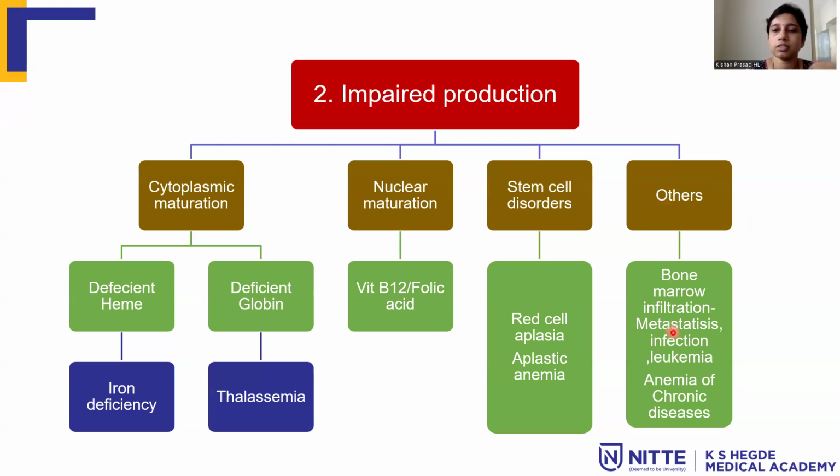So what is metastasis? Is a spread of the tumor. So metastasis to the bone marrow, or leukemia, which is hematological malignancy itself. So leukemia can completely replace the RBCs in the bone marrow, or anemia of chronic disease. So these are the other causes of impaired production.